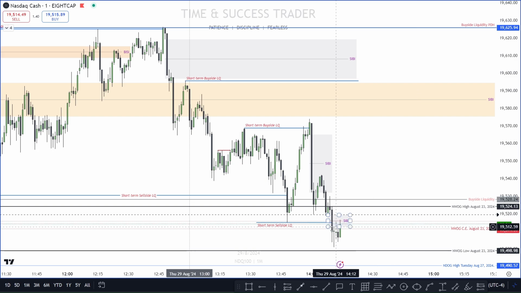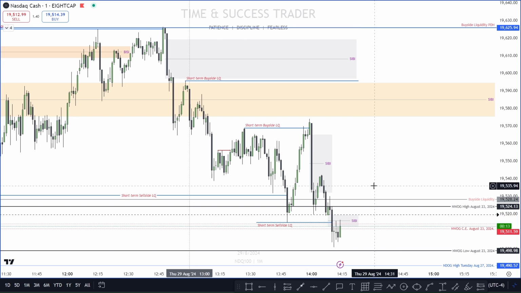I am observing how these candles were wicking out as if they are weak to continue going further to the downside. And now we're looking at this CB, if it's being respected or disrespected.